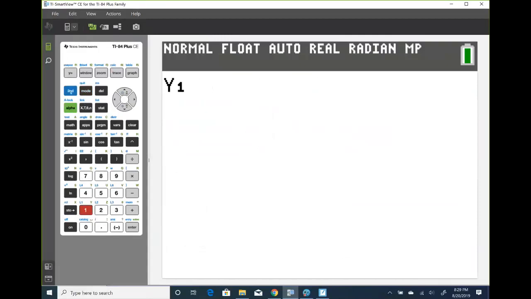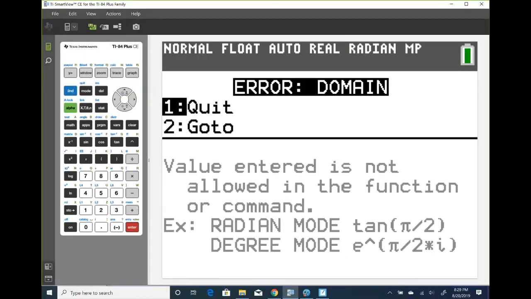So I'm going to hit my test button, which is above the math, second math. I hit equals, and I want to know, is that equal to y2? Alpha trace again. I'm going to go to y2 and hit enter, and notice it says error domain.